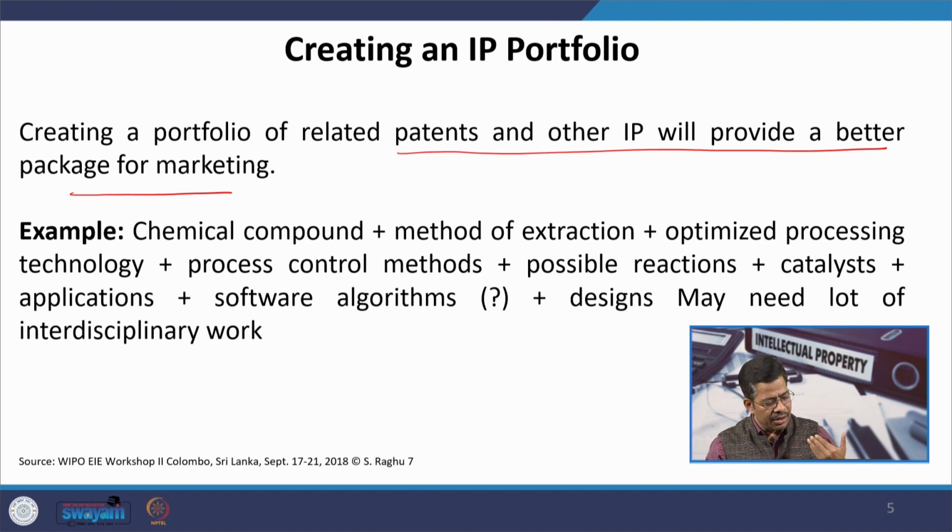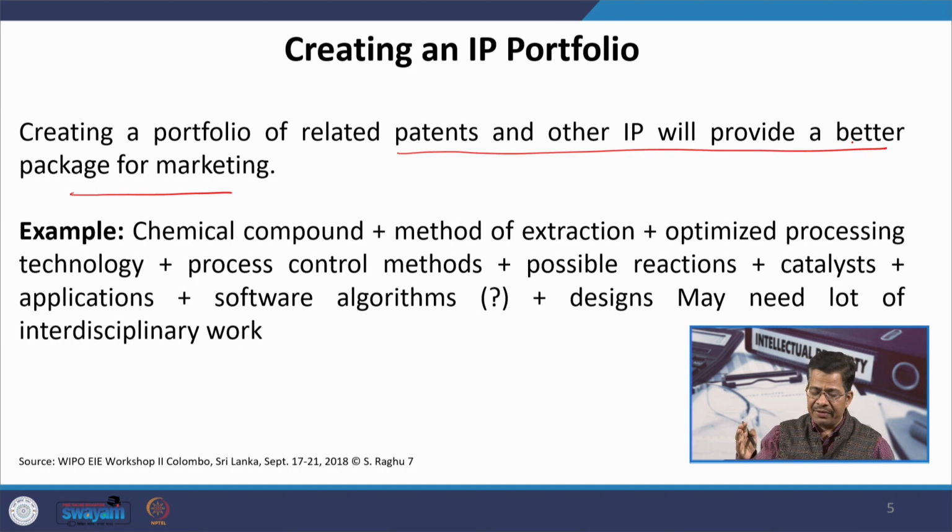These days, when we are trying to compare one higher education institute with another, IP portfolio plays a very important role. There are universities which are highlighting that we have a portfolio of so many patents. So, it provides a better package for marketing your organization.